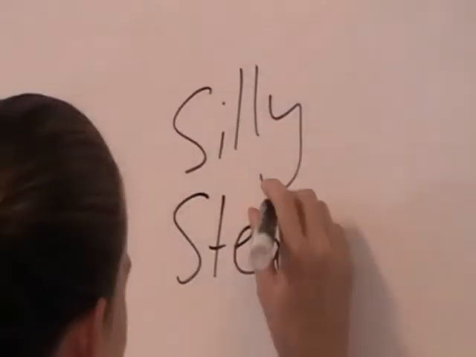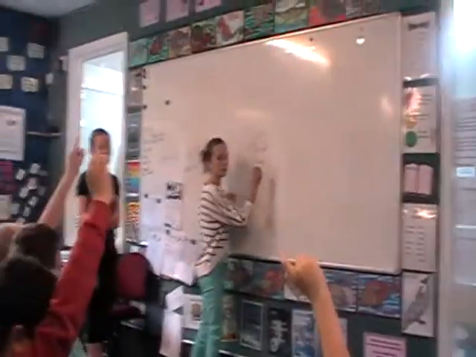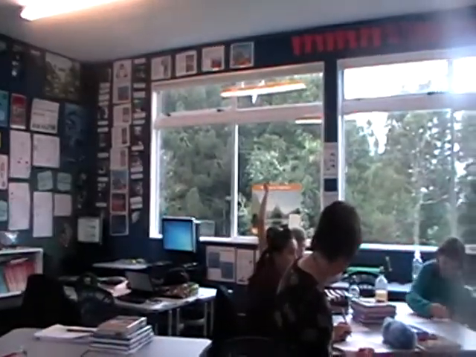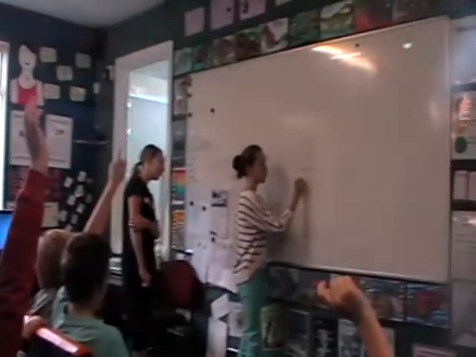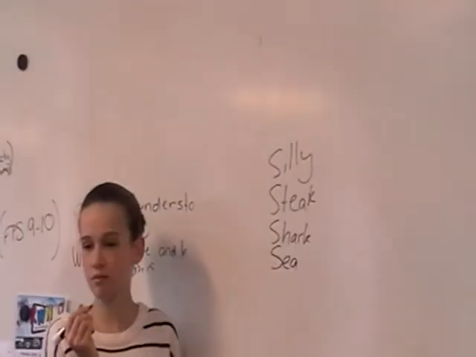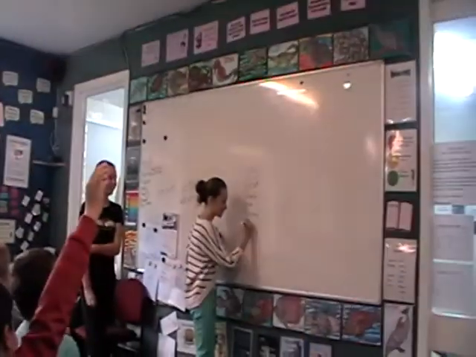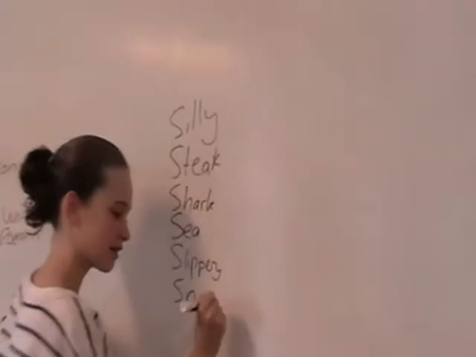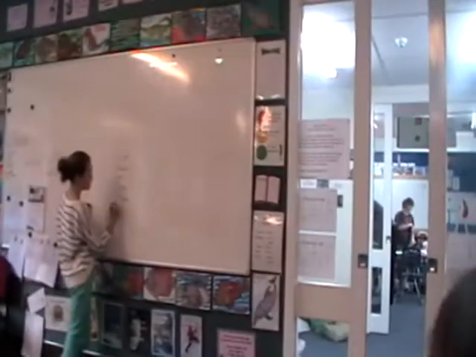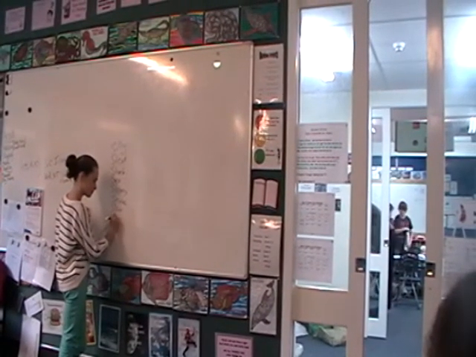Shark. Slippery. Snake. Slow snail. Okay, I think that's enough S words for now.